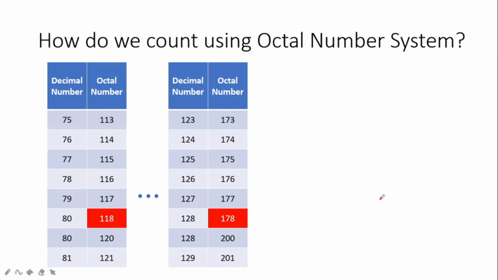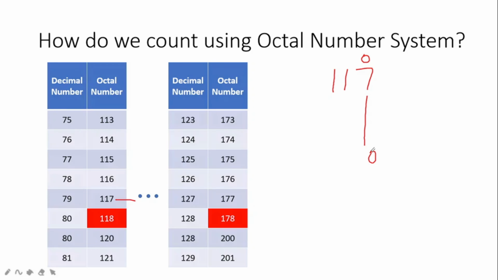Here the examples are given, showing how it goes on. After 117 there will be no 118 or 119; there will be 120 directly. So how do we find that? 117, next number: start with the 0th digit. What comes after 7? 10, so 0.